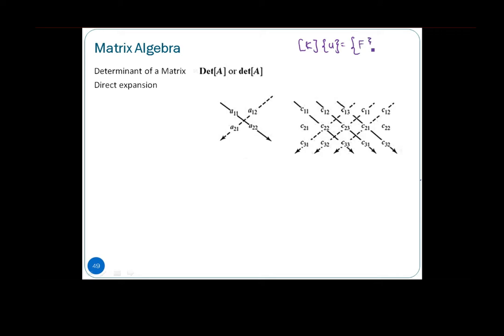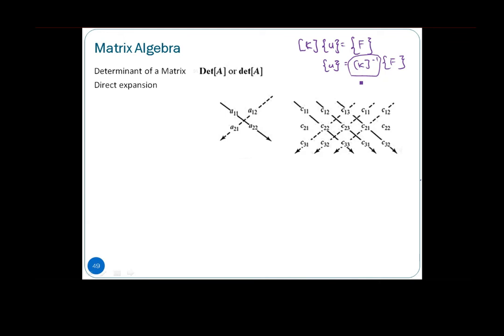If you want to find the displacement matrix, we need the inverse. So a lot of times we need to find the inverse to solve a problem using finite element methods. To find the inverse matrix manually, you need to know the determinants.